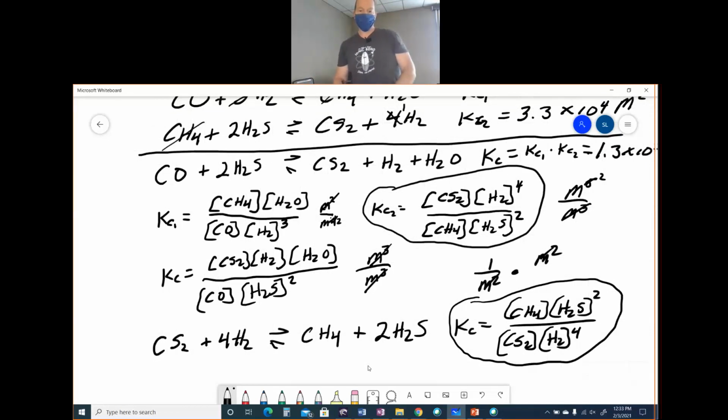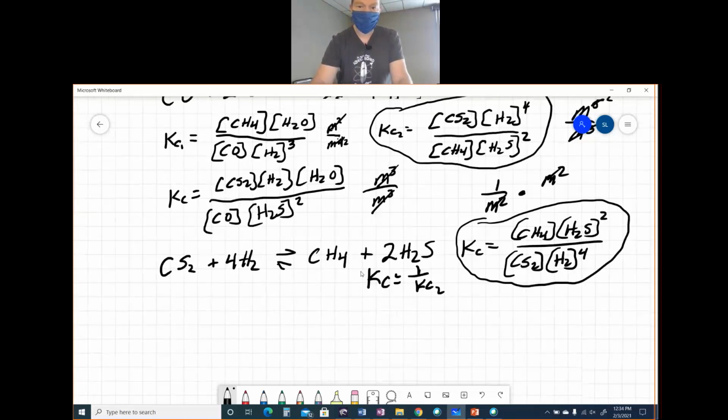Your Kc value for this reaction is 1 over the Kc of reaction 2. So you have 3.3 times 10 to the fourth, and then you invert it, and you get 3.0 times 10 to the minus 5. So this is equal to 3.0 times 10 to the minus 5.